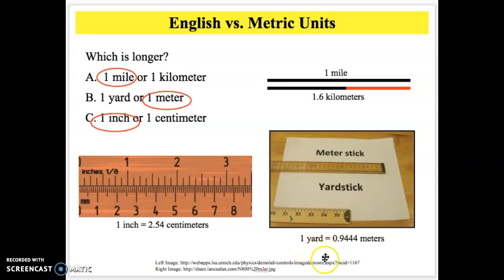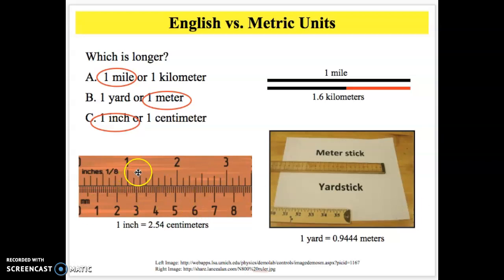So 1 yard equals 0.9444 meters. So a yard is not exactly a meter. So when we say a meter stick, it is just slightly larger than a yardstick. In our classroom, we have yardsticks, so it is going to be just a little shy of exactly a meter.